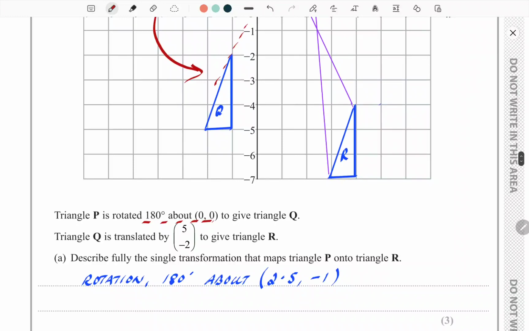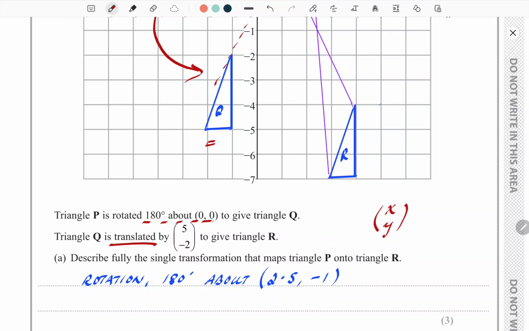Then it says the triangle Q that you've got initially is then translated by this column vector 5, minus 2. Remember, column vectors, translation vectors are x and y in that order.